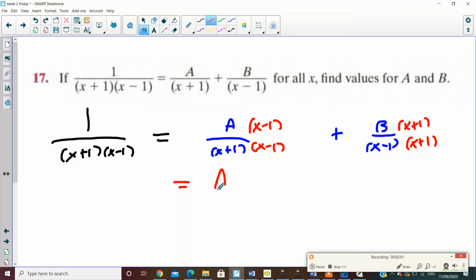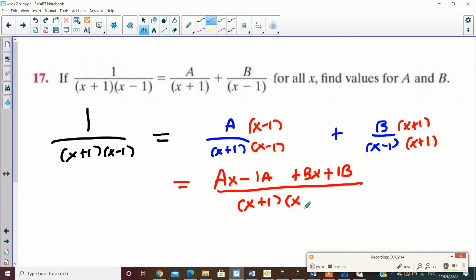I'm going to get ax minus 1a, I'm going to get bx plus 1b, all divided by x plus 1 and x minus 1. On the other side, I have 1 into x plus 1 and x minus 1. And what I'm going to notice here is that this part up here is actually 1 plus 0x.